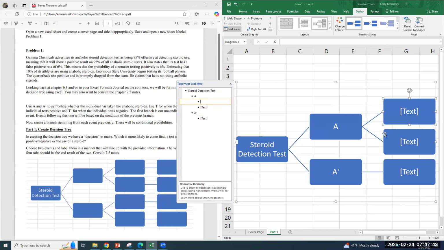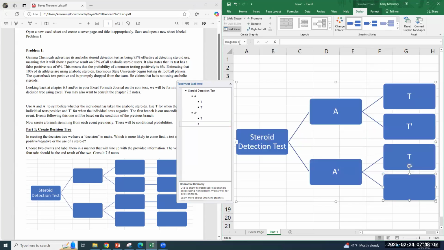Therefore, our next branch here, we then either test positive or negative. T for testing positive, or not T for testing negative. Here we just have T, but we need a second branch symbolizing down here. So we're first going to tap on the not A. And when it says add shape, we're going to add shape below right there. There it comes up.